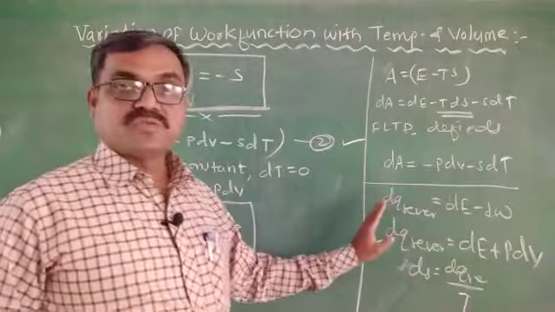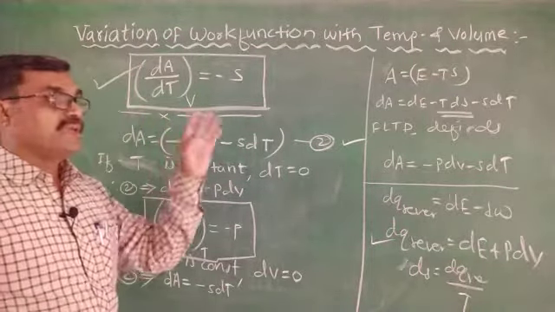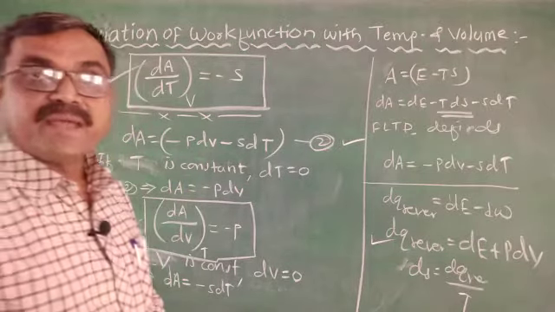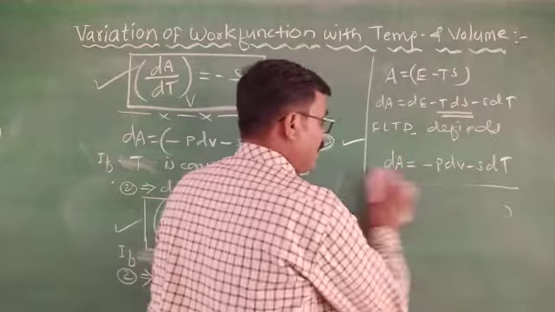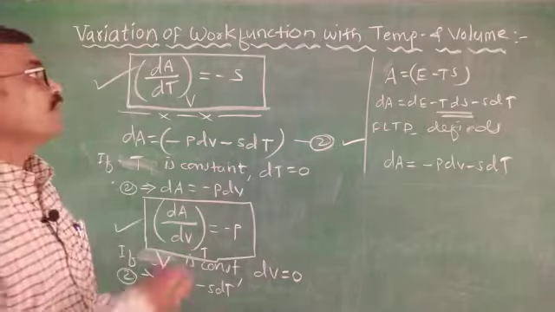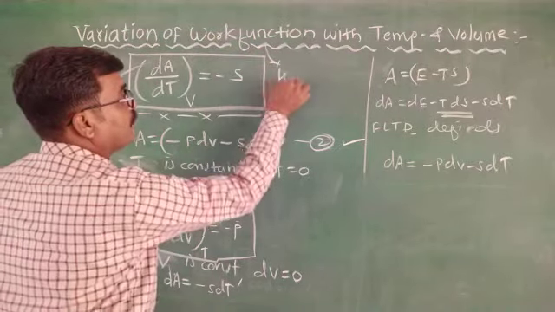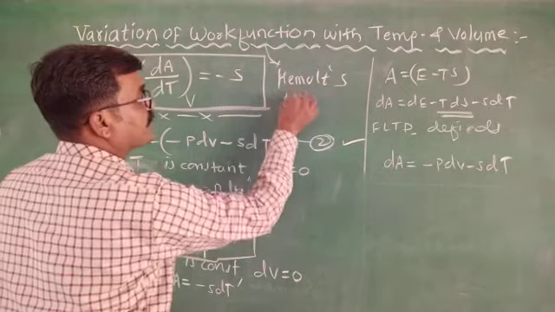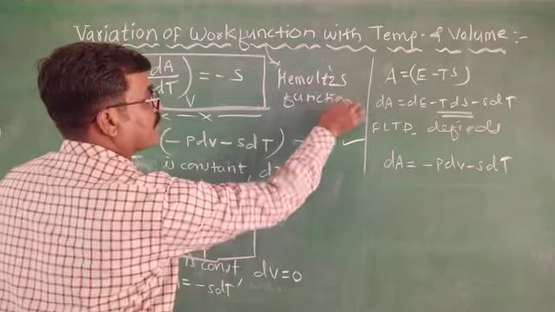If you know these two terms, then it is very easy to derive dA equals minus P dV minus S dT. This is about the variation of work function or Helmholtz function. This work function is also known as Helmholtz function.